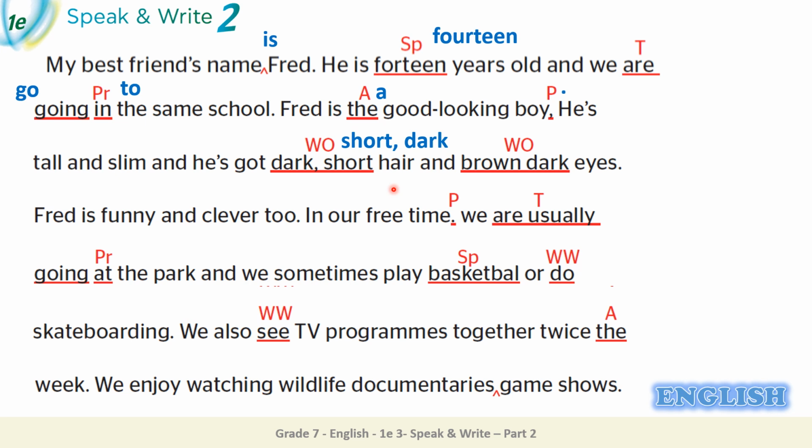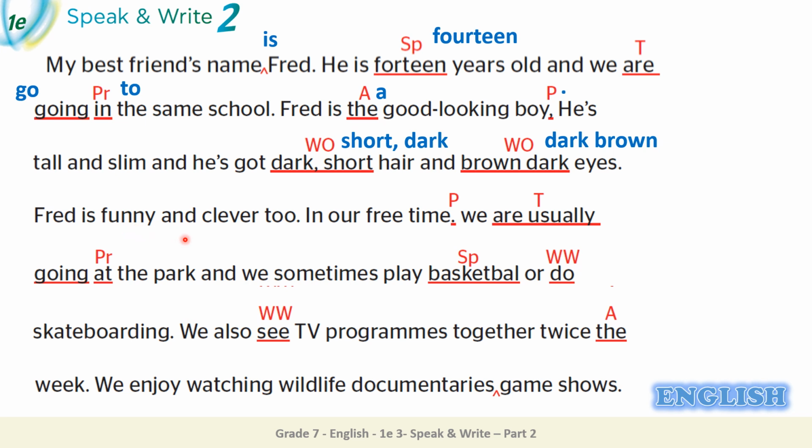Short, dark. Usually, the size comes before the physical quality. This is adjective order. And also, dark brown. So the physical quality comes before the color. That's perfect.